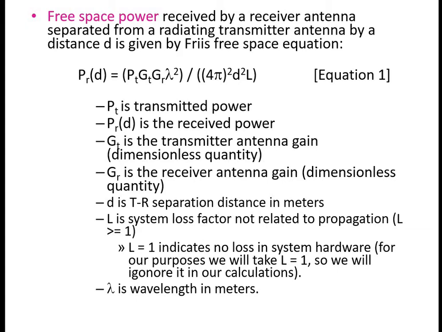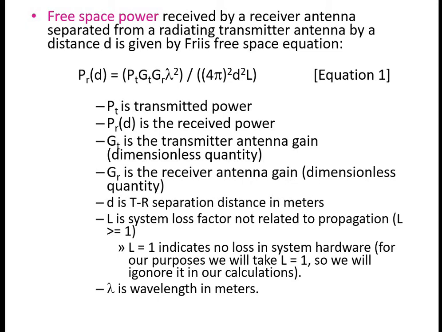Now we move to the free space propagation model. The free space power received by the receiver antenna separated from a radiating transmitter antenna by the distance small d can be given by Friis free space equation.